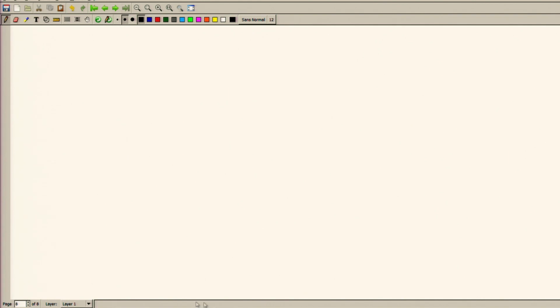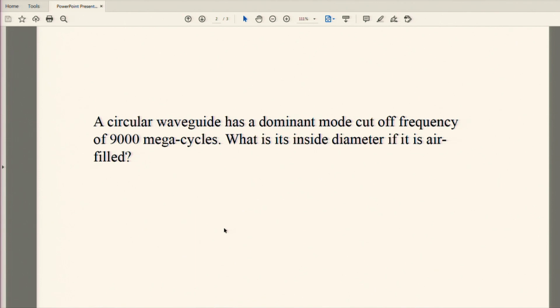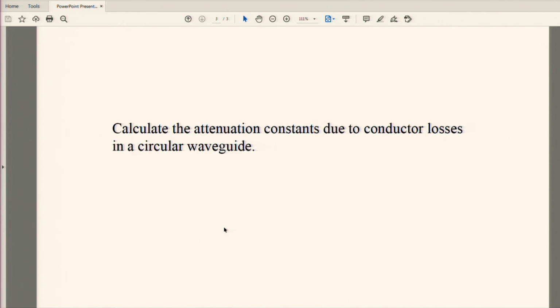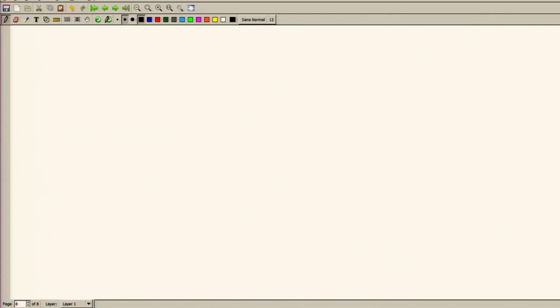In the next question we need to calculate the attenuation constants due to conductor losses in a circular waveguide. So for finding out the attenuation constant, we will consider both the modes, that is TM modes and TE modes.